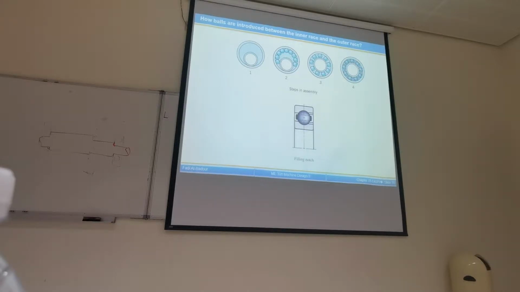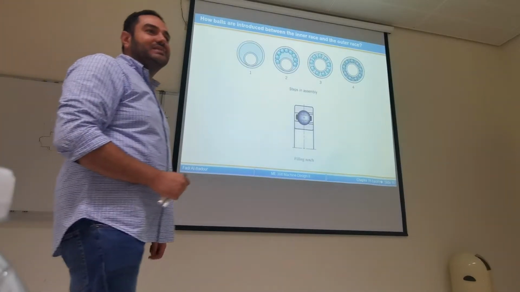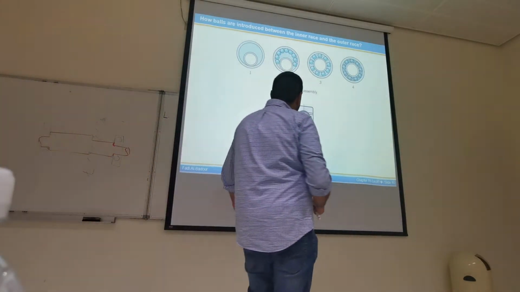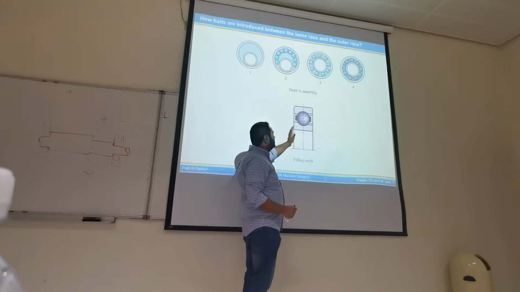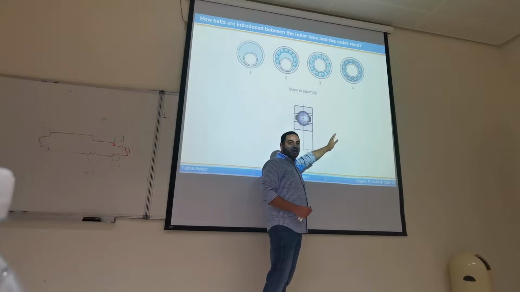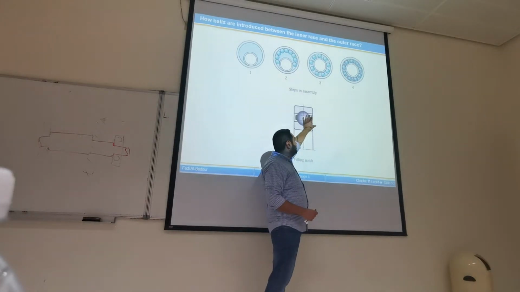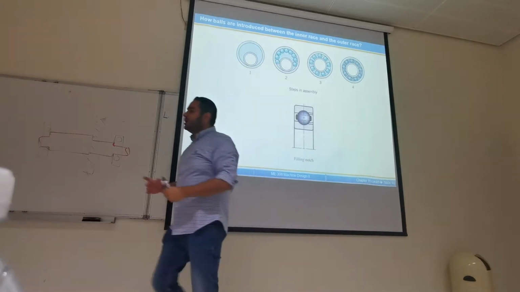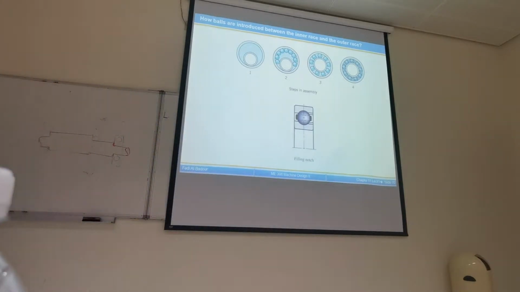So the thrust load capacity for a filling notch bearing is less. Because if I apply an axial load like this, what will happen? I'm going to push the balls back outside, because the gap is big. But on the other hand, radial load capacity increases.